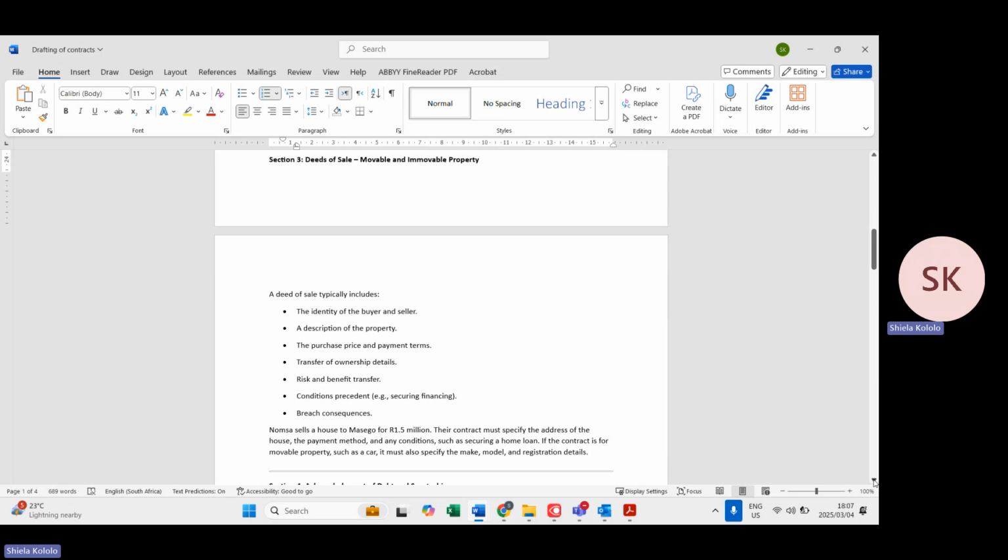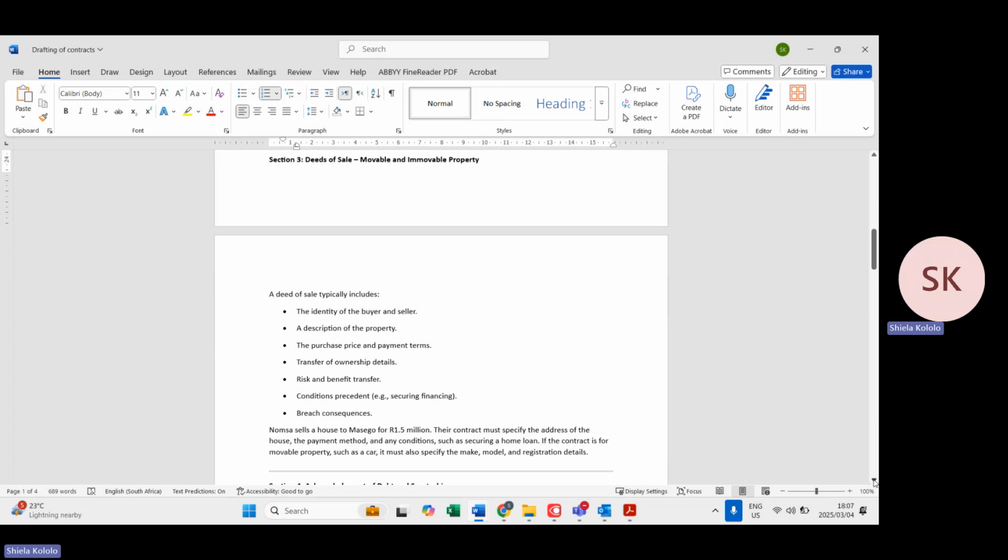And then the other one that we've got is a resolutive condition. Nomsa sells a farm to Neo with a clause stating that if Neo does not use the land for agricultural purposes within 1 year, the contract will be terminated and ownership will revert to Nomsa. So we are basically saying here, you know what, I'm selling you this, but please do this. These are the terms.